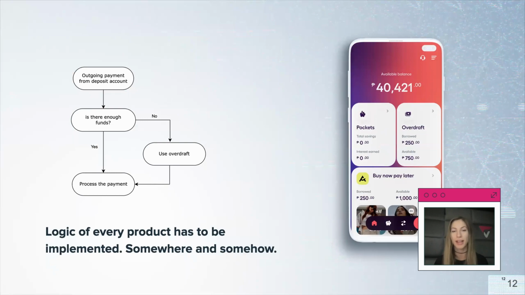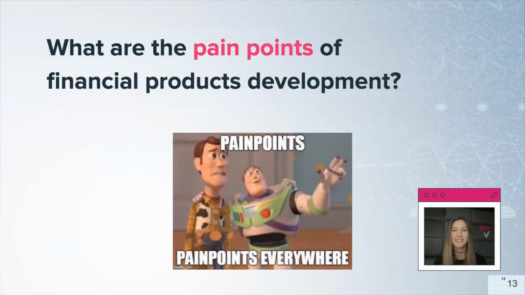Or if you have an overdraft account and you are performing a payment and you don't have enough money, there has to be some kind of mechanism implemented in the background which evaluates if you can use the overdraft. And this is the complicated part for us engineers, because how and where do I implement this logic so I can rely on it? And this is the part where many complications or pain points appear. And that's also what we are going to talk about a little right now.